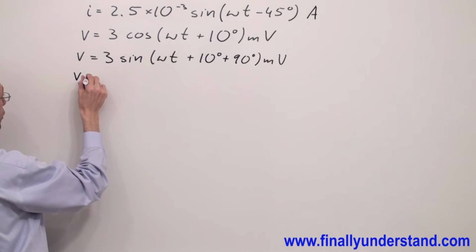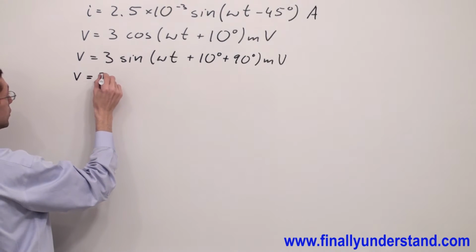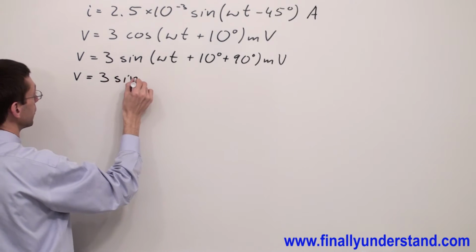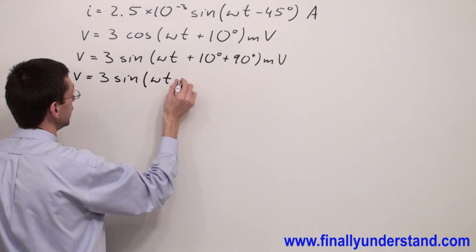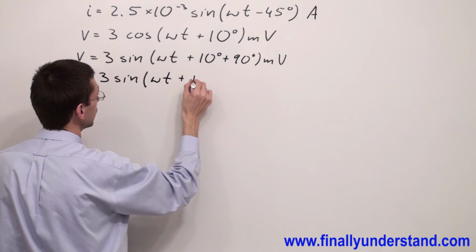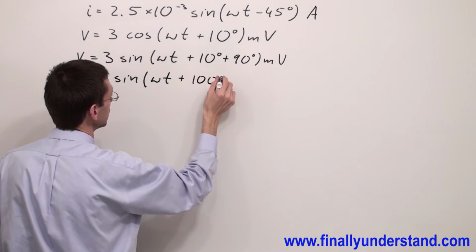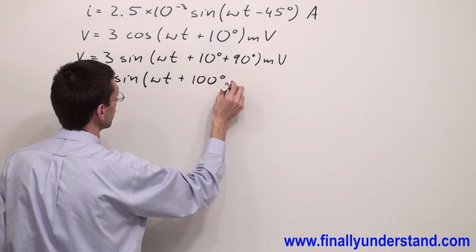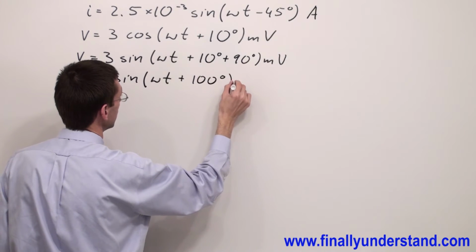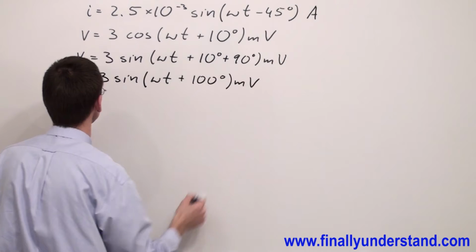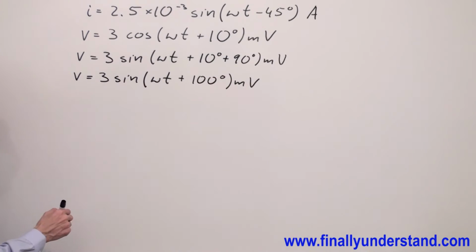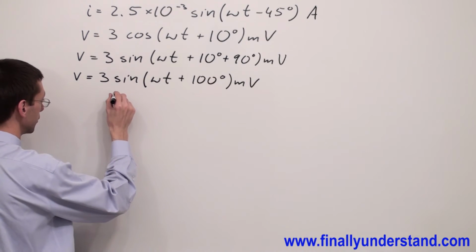Your equation is going to look like this: V equals 3 sine omega t plus 100 degrees, and everything is millivolts. Next, we can draw the graph.